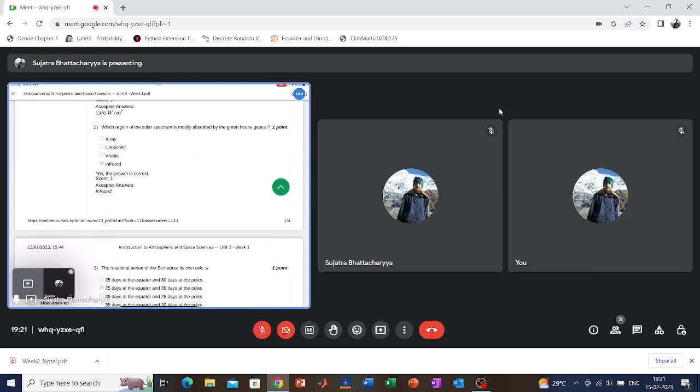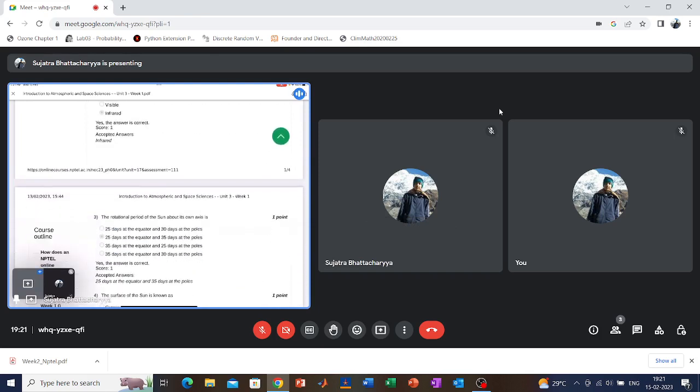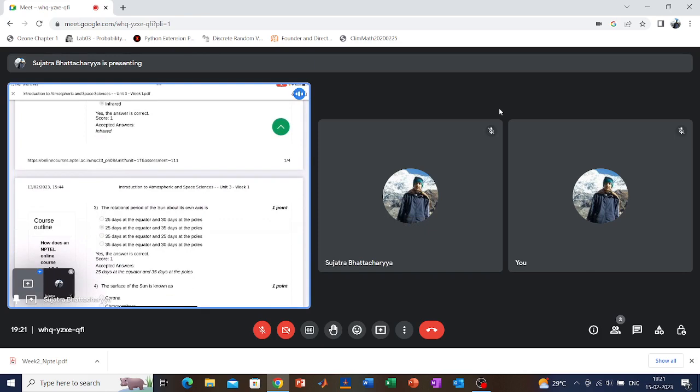Okay. The next thing is that the rotational period of the sun about its own axis is 25 days at the equator and 35 days at the poles, less at the equator and more at the poles. More time is required for rotation at the poles, and this is called the differential rotation. Well, there is a confusion. Some people have asked about 24.1 and 29.1 days, but you see which is nearer.